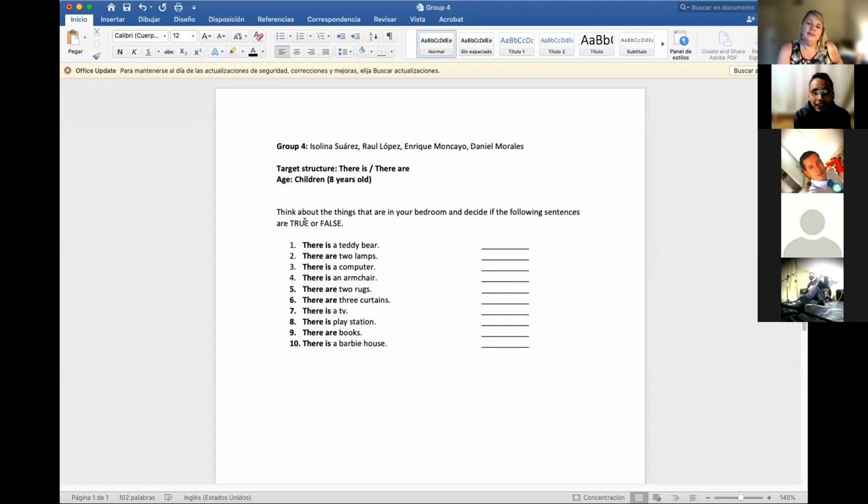Teacher, we don't know if our activity is very simple, or if we have to add something. You don't need to add anything, but my question would be, will 8-year-olds understand all this vocabulary? Do they have all this vocabulary already?